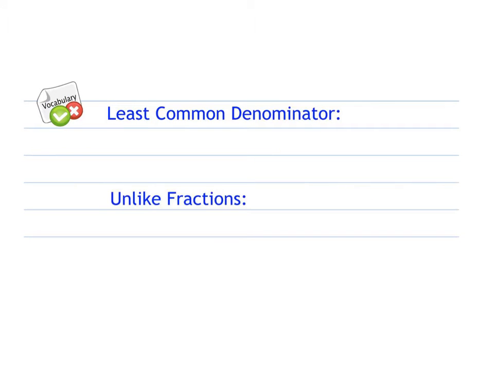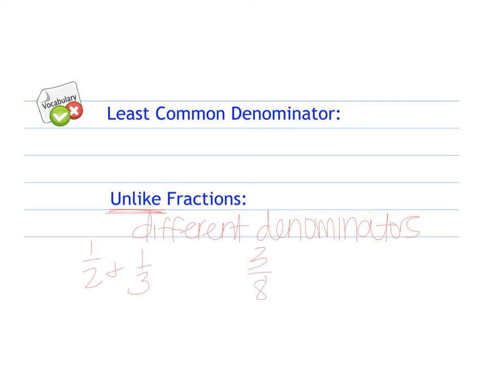Least common denominator is when we have unlike fractions. So unlike fractions means different denominators. So like 1/2 and 1/3, or 3/8 and 4/9. Those are examples of unlike fractions.